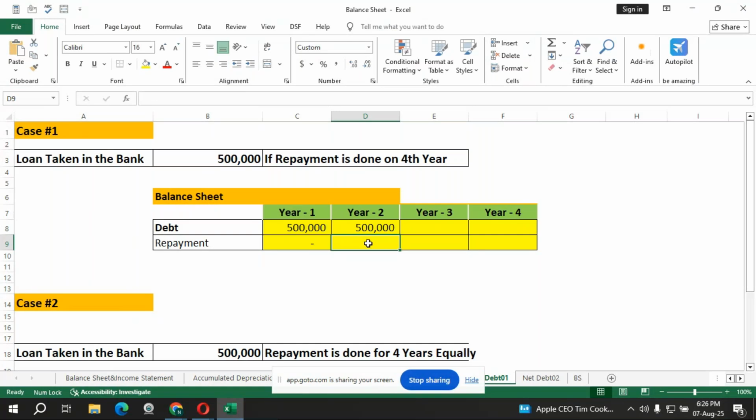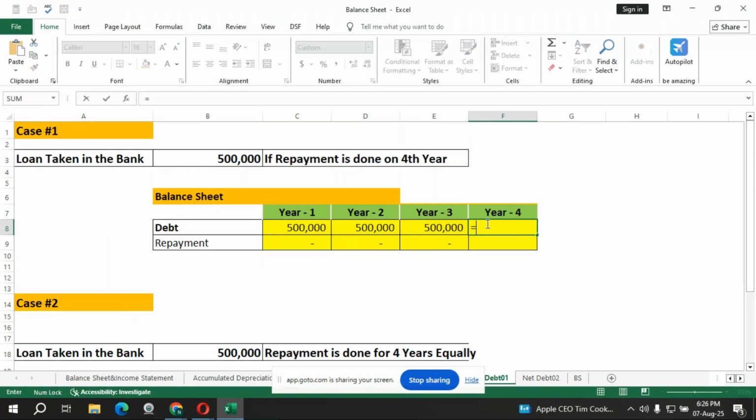Is repayment done in the second year? No. So it is 0. Again, 5 lakhs minus 0 for the third year. No repayment. But for the fourth year, it was repaid.